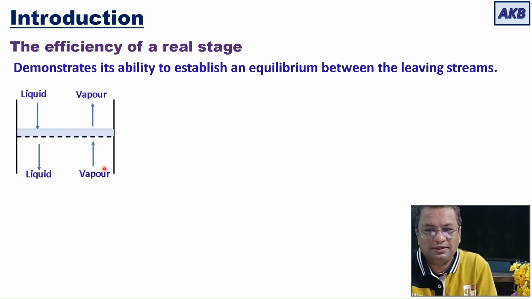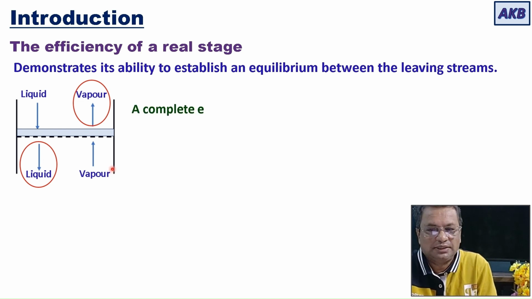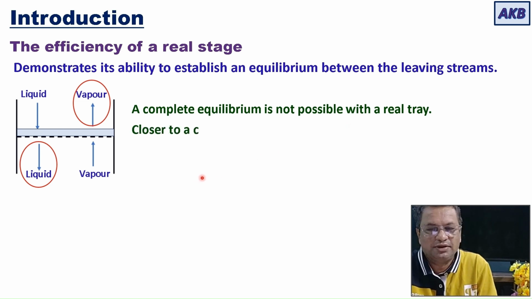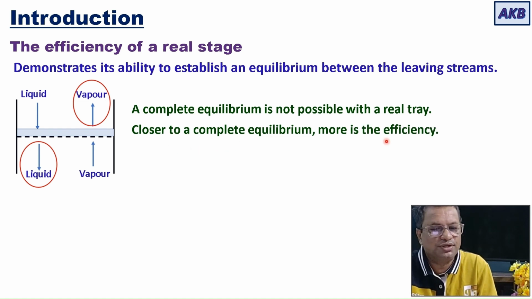Okay, so again, let us understand with the help of this diagram. You have the two leaving phases, vapor and liquid. First thing that we should know: a complete equilibrium is not possible with a real tray. But in this case, the closer to a complete equilibrium, the more is the efficiency.